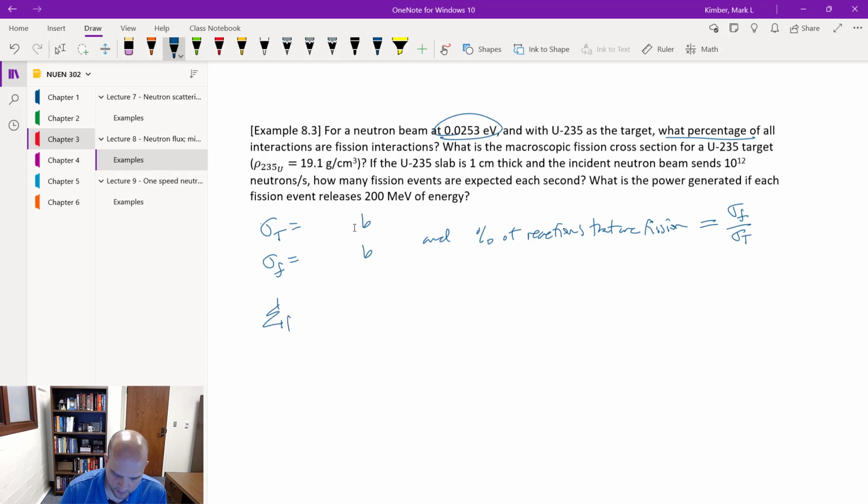The macroscopic fission cross-section is just going to be that microscopic cross-section multiplied by the number density of my uranium, which is going to be sigma F multiplied by the density, not the density of fission, but the density of the U-235.